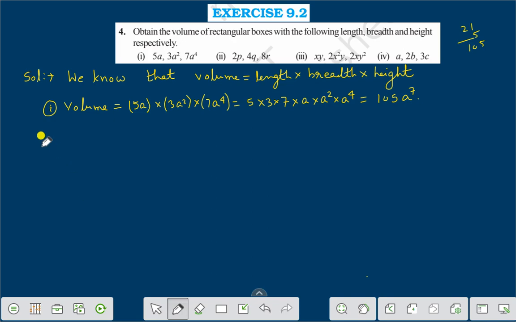Now question number 2. Volume is equal to length into breadth into height, that is 2p into 4q into 8r.